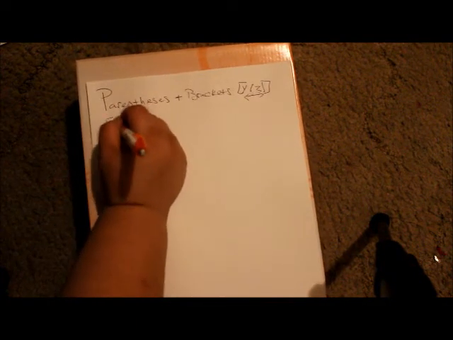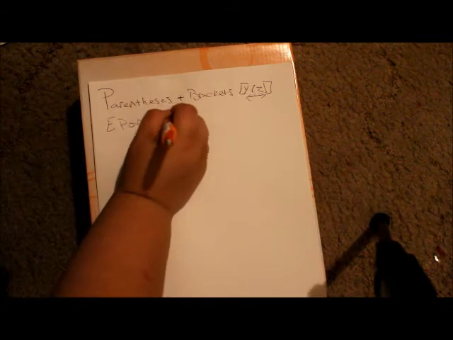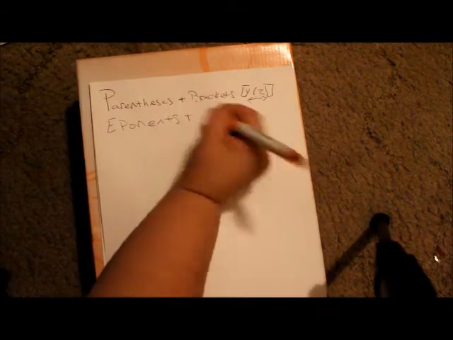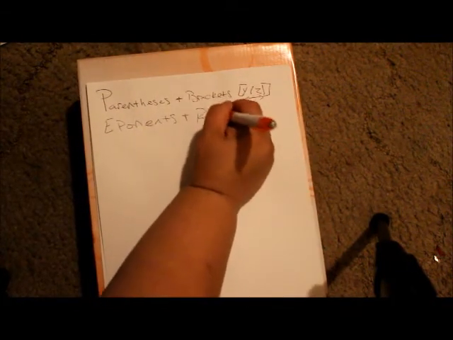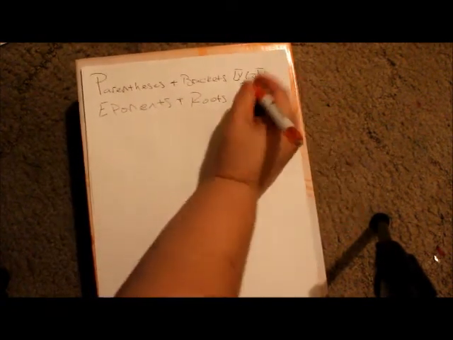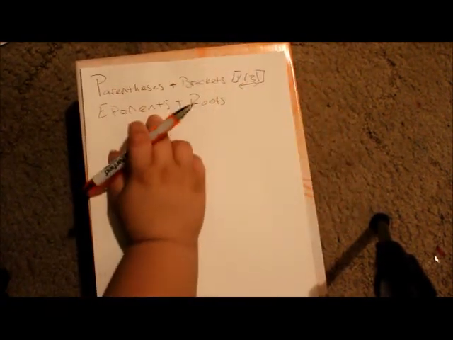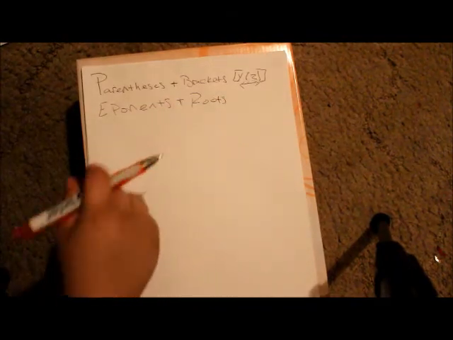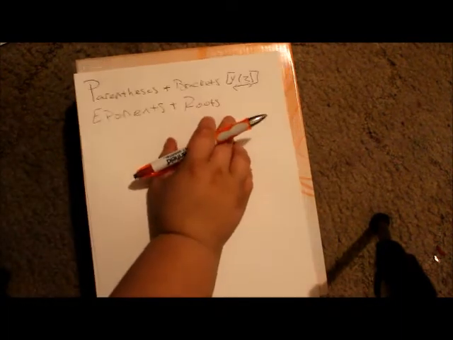Exponents. And roots. That's something else that you will learn in higher mathematics. And then exponents and roots are reciprocals of each other, just the way multiplication and division are reciprocals, and addition and subtraction are reciprocals of each other.